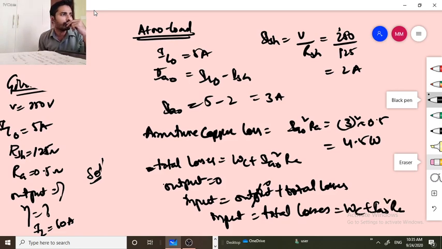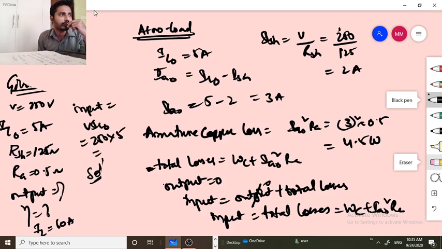So we want the total losses. How can you calculate total losses? Means input power. So you need to calculate the input power. So the input power is equals to V into IL naught. So what is the V value here? 250 into IL naught is 5.